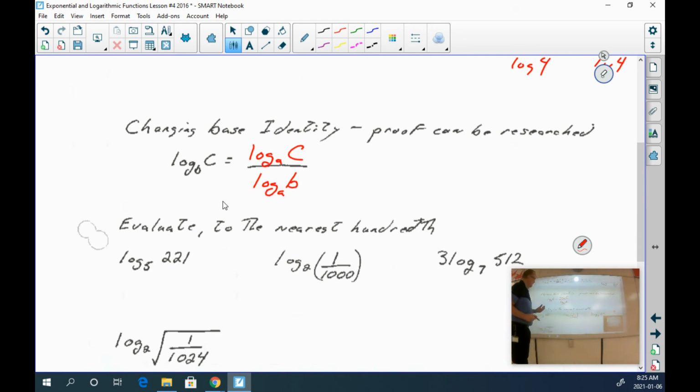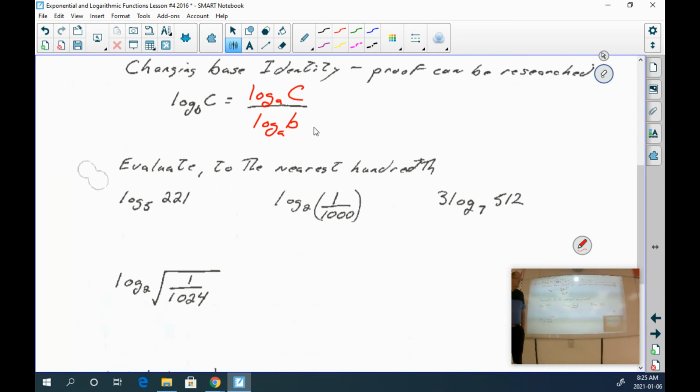So basically, whatever base, we tend to use 10 or base e, but we can also write it for any number. We could talk about base 2, base 6, whatever. But like we're doing this on our calculator, we want to figure it out. Basically, we use 10 or we use e.